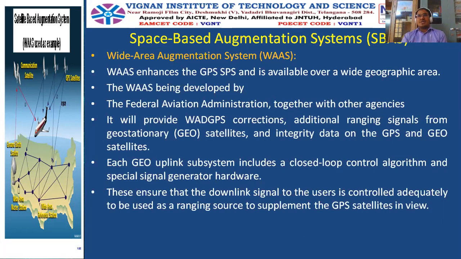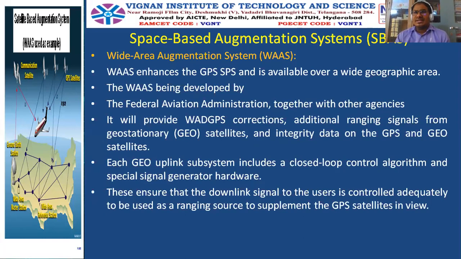Of course, here we will use some special signal generator hardware and also a closed loop control algorithm, for providing the WAAS corrections. And these will ensure that the downlink signal to the users is controlled adequately to be used as a ranging source to supplement the GPS satellites in view.